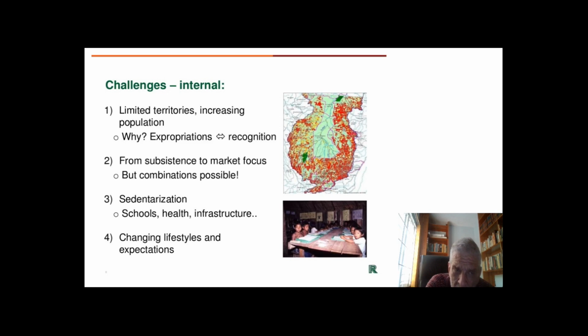According to this, combinations are possible. Perhaps they could continue to feed themselves and make food for the market. Then there's sedentarization. They're more inclined to stay in one spot. We'll have schools, health systems, and infrastructure, which make staying in one spot more desirable.